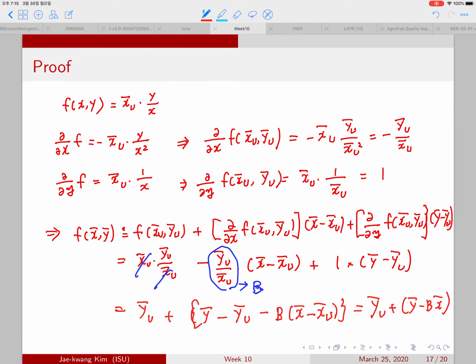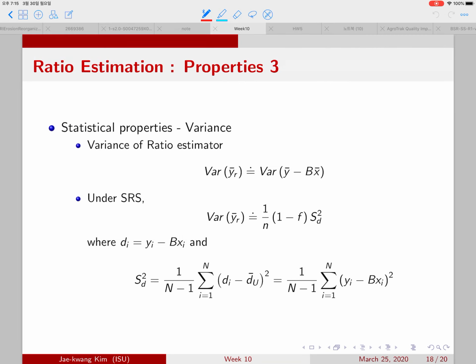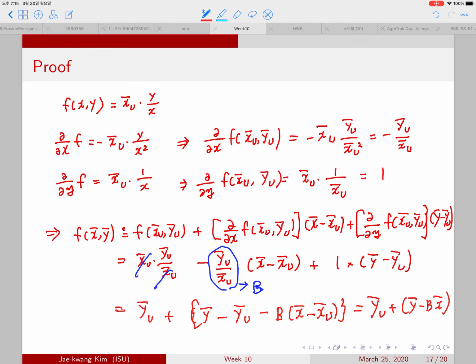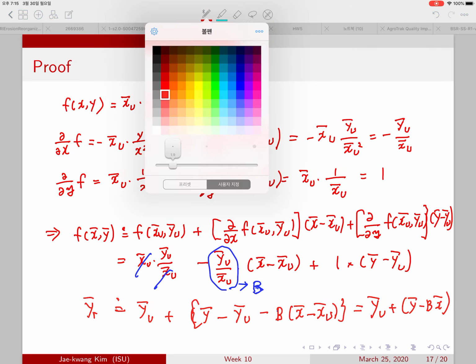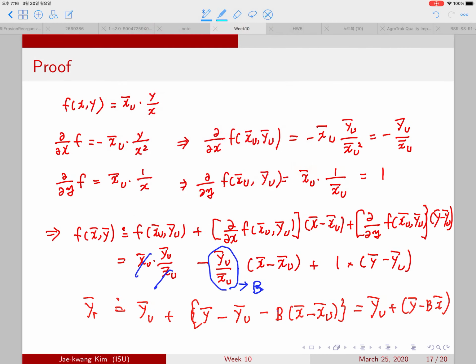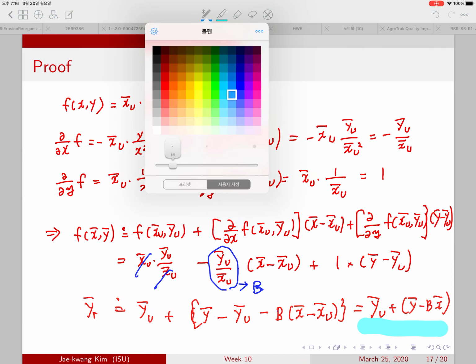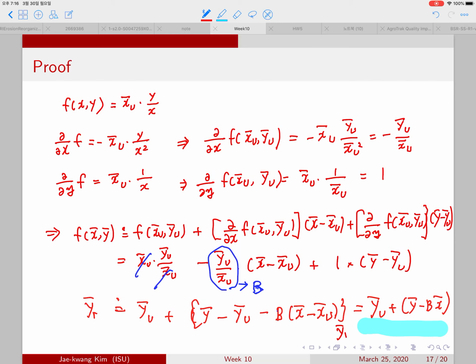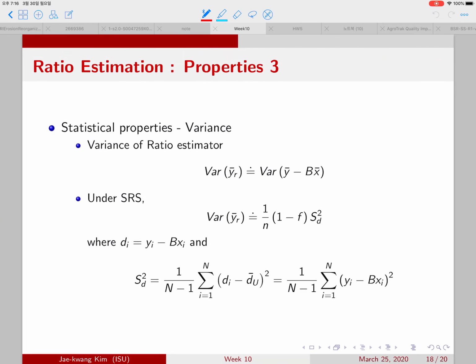Okay, so the main message, the main result, is this. Y bar r is approximately equal to y bar u minus, x bar u minus b x bar.